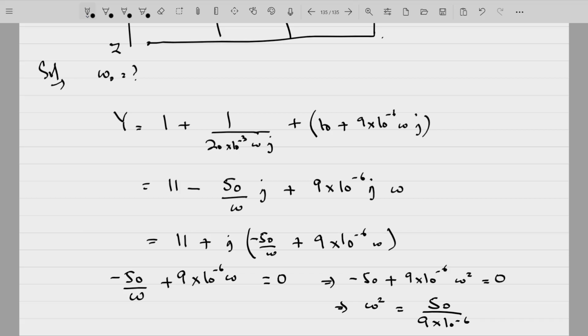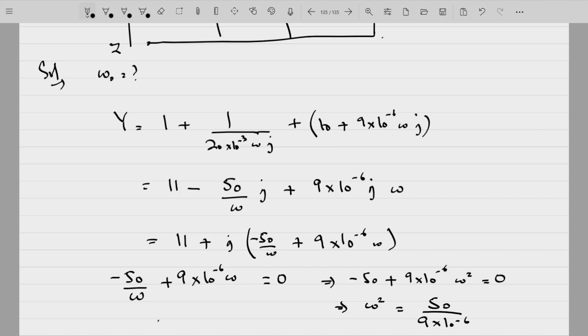50 divided by 9 into 10 raised to 6, root of, the answer is 2357.